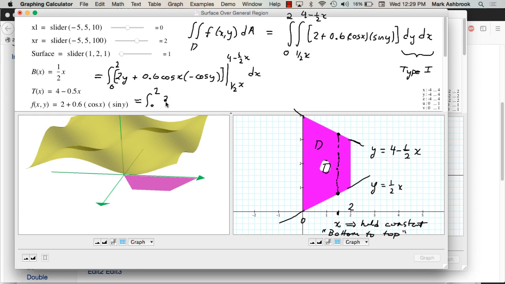So we're going to have 2 times 4 minus 1/2 x plus 0.6 cosine x negative cosine of 4 minus 1/2 x. That's just plugging the top limit in.